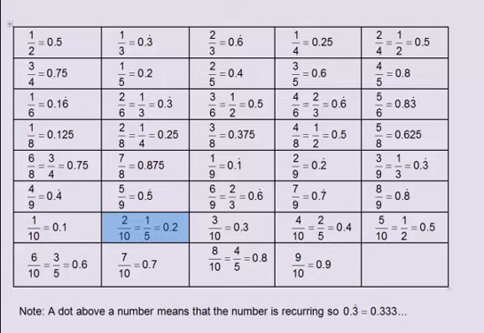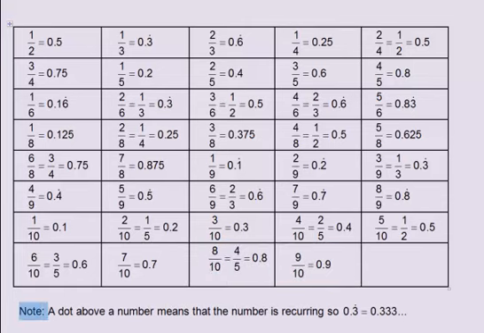2/10 equals 0.2. 3/10 equals 0.3. 4/10 equals 2/5, which equals 0.4. 5/10 equals 1/2 equals 0.5. 6/10 equals 3/5 equals 0.6. 7/10 equals 0.7. 8/10 equals 4/5 equals 0.8. 9/10 equals 0.9.